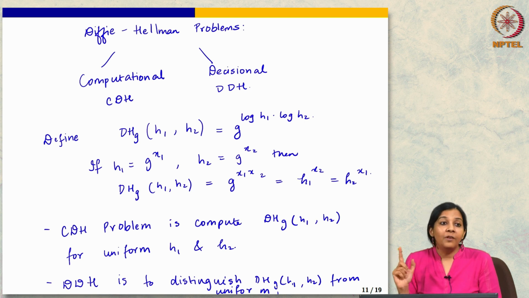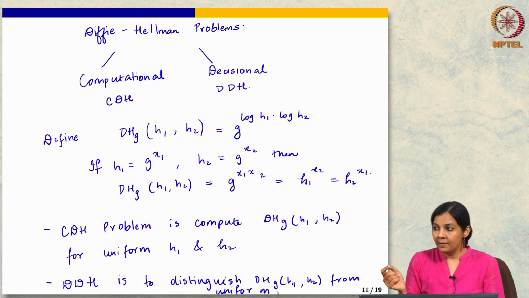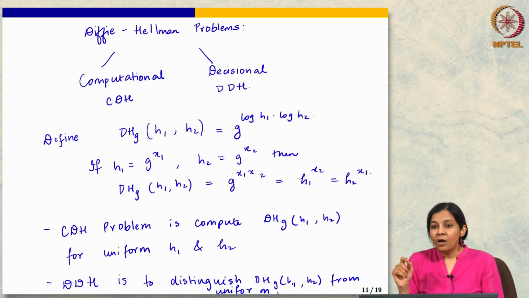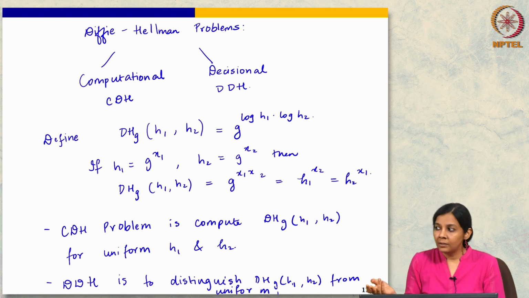Note that if discrete log were easy, this would be easy, because if I have g to the x1 and g to the x2, if I could compute x1 or x2 from that, then I can compute g to the x1 x2, no problem. So, if discrete log is easy, this is definitely easy. As usual, the other direction will not necessarily hold.